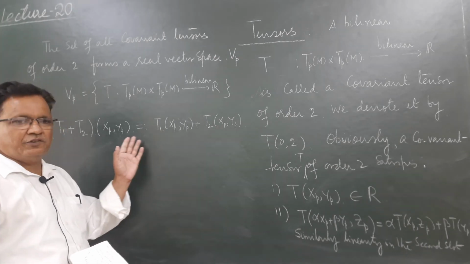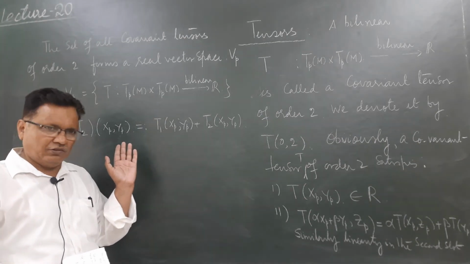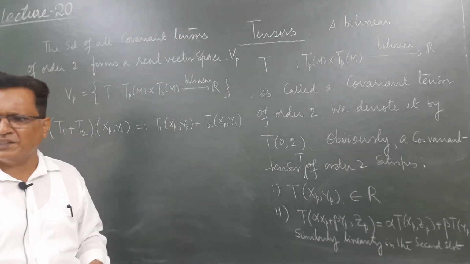So I will advise you to check the bilinearity of T1 plus T2. अगर वो बात सही है तो ठीक है, ये वैलिड ऑपरेशन है.